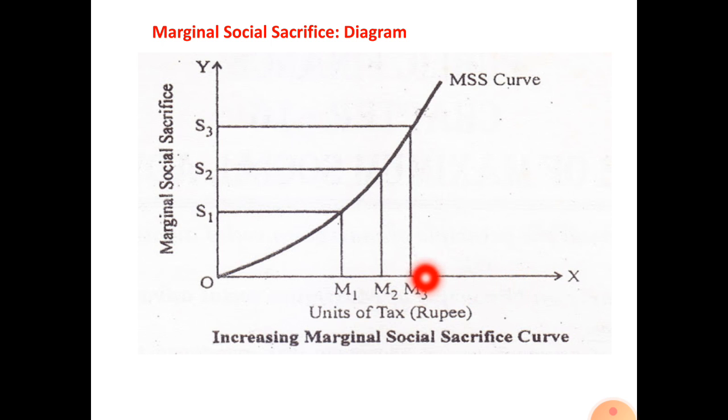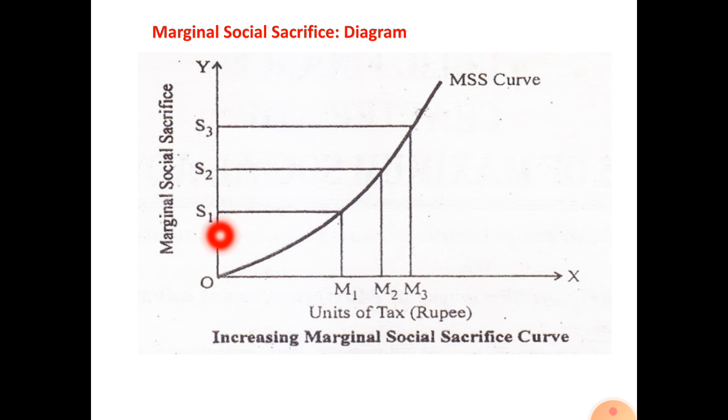Are you understanding? M1, M2, M3 are the increasing units of taxes. M1 is the initial, M2 additional, M3 additional, which means the units of taxes imposed by the government are increasing. The people will also feel the burden: S1 is initial, then S2, S3.